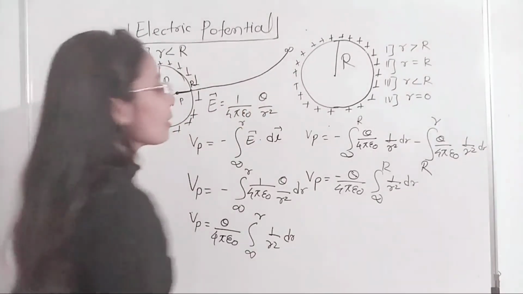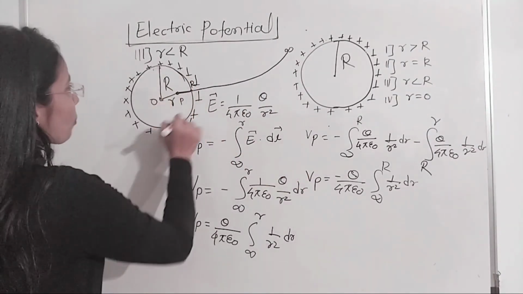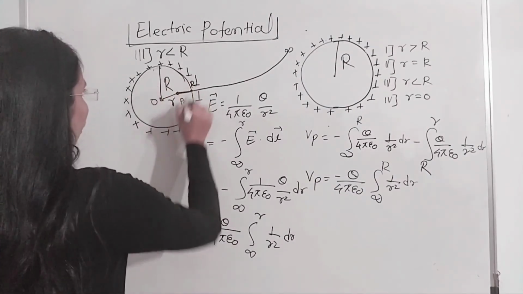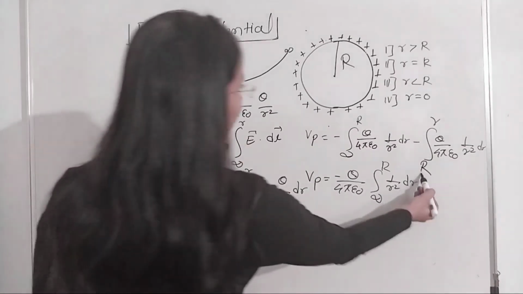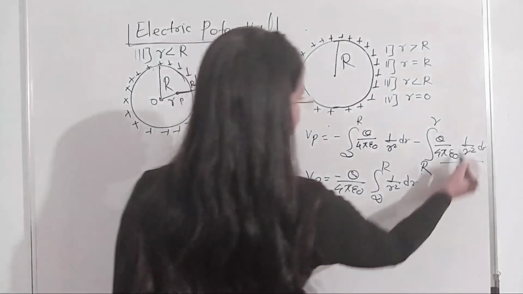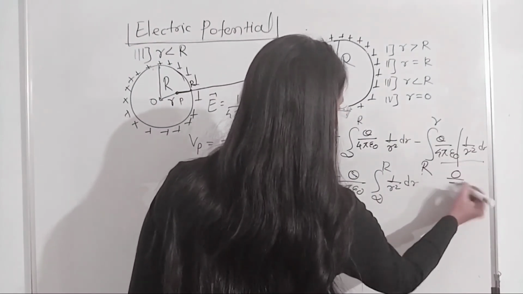But here inside the hollow sphere the electric field is 0. So in the limit of capital R to small r, this electric field is 0, so this term is 0.